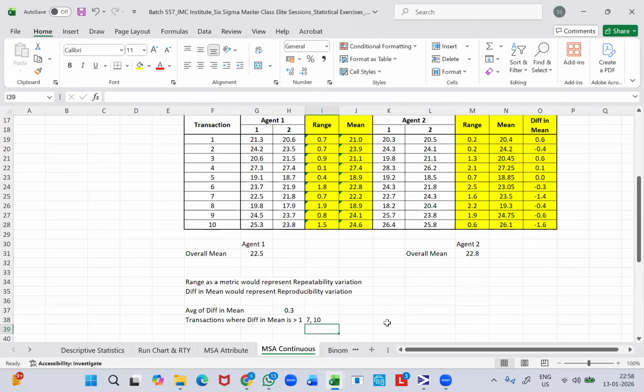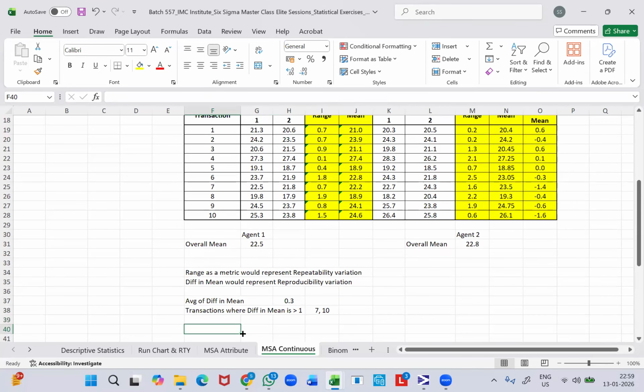It's less than 1, it's not much. So only for transaction number 7 and transaction number 10, we seem to have significant differences in the mean value.